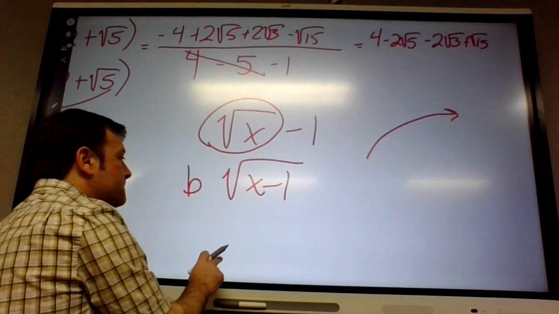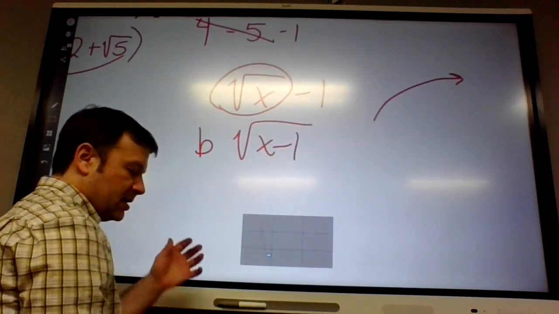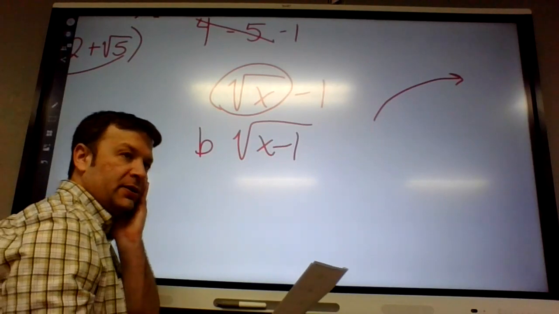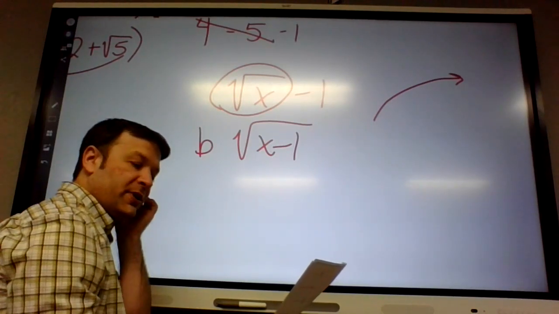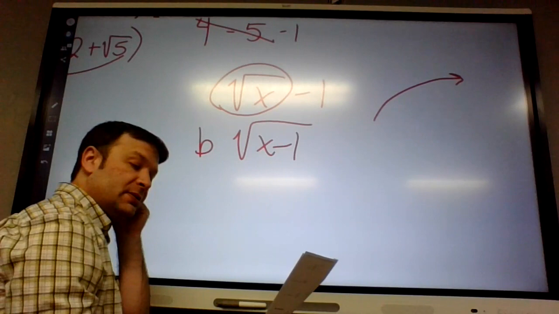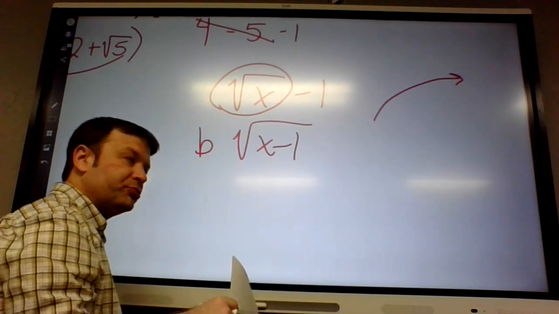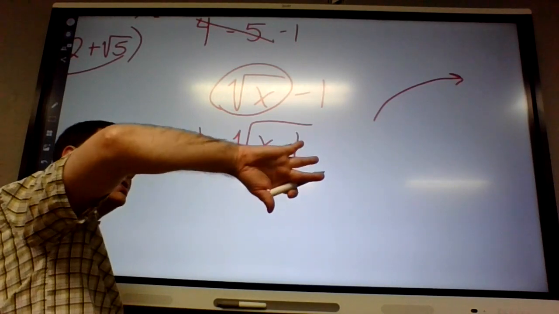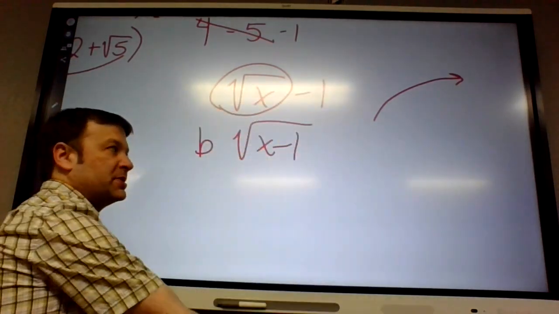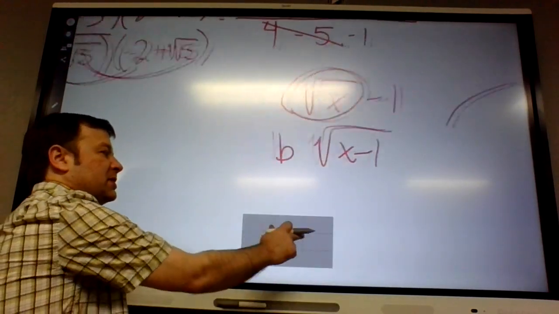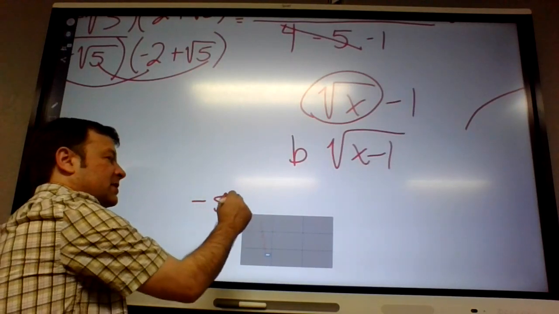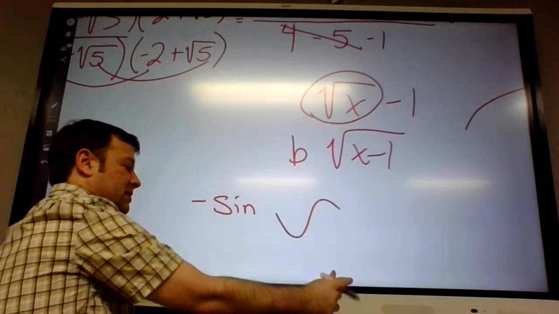And then on the third line, if you make the whole thing negative, what's that going to do to it? If the whole thing's negative, it goes upside down. Remember when we did the sine functions and the negative sign went down?